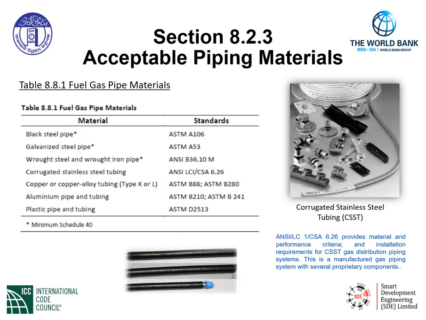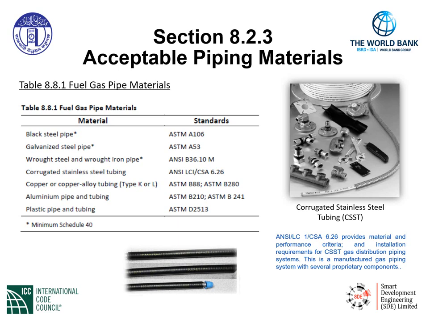Another material that is in the table is corrugated stainless steel tubing. Now, as indicated before, we have a standard that this particular tubing needs to comply with. It's ANSI LC1 or CSA 6.26.